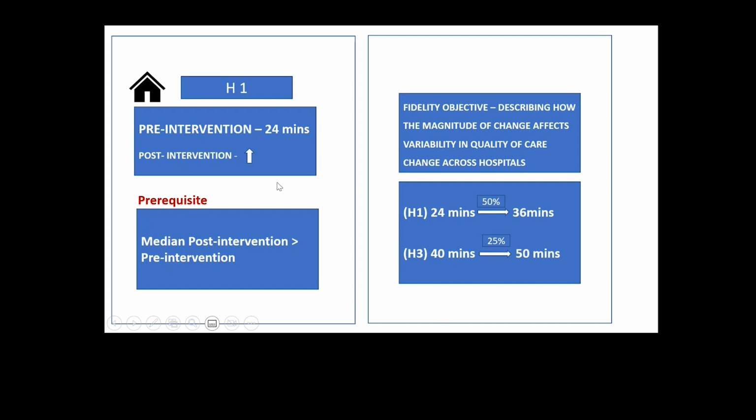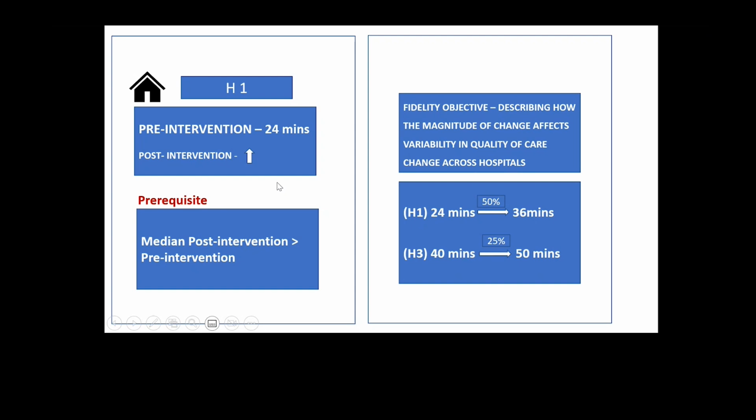If in H3 we're able to move it from 40 to 50, that's a 25% change in the baseline value. So what intervention fidelity will do here is say that H1 obviously was higher, and then we'll see how that magnitude affects the quality of change.